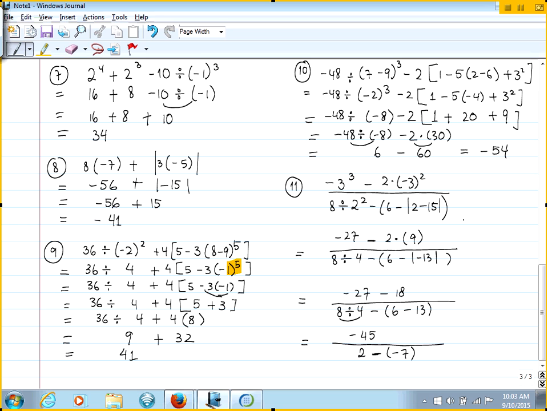Alright, so now I have to continue here. So we have negative 45, 2 minus negative 7. What is 2 minus negative 7? Positive 9. So negative 45 divided by 9. Yes. Good.